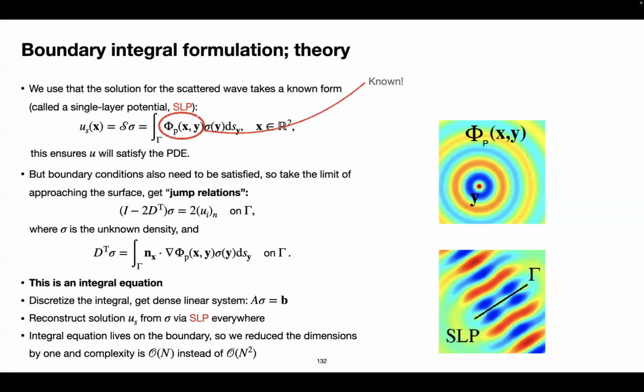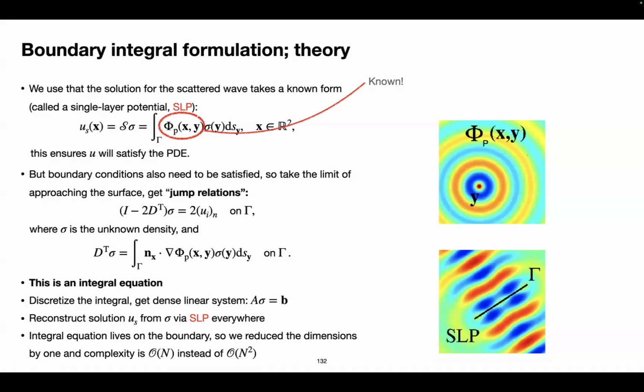So the big advantage of using this integral equation approach is that it completely avoids the unboundedness of the domain because it only exists on the boundary. So it's really good to use these on exterior problems.